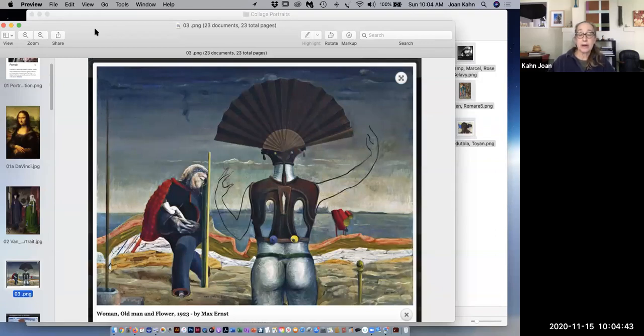Max Ernst was a part of the Surrealist movement in the early 20th century in Europe. And he also believed that dreams and thought processes were as important as the exterior appearance of things. So he was interested in the human psychology and mind.